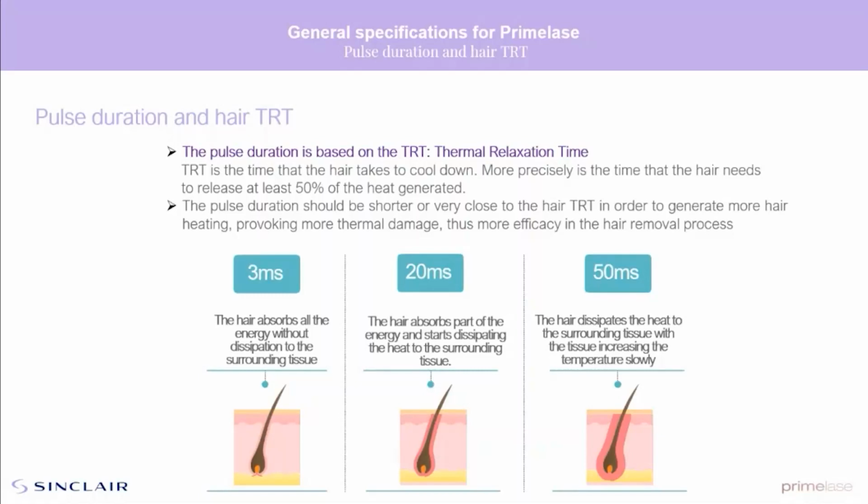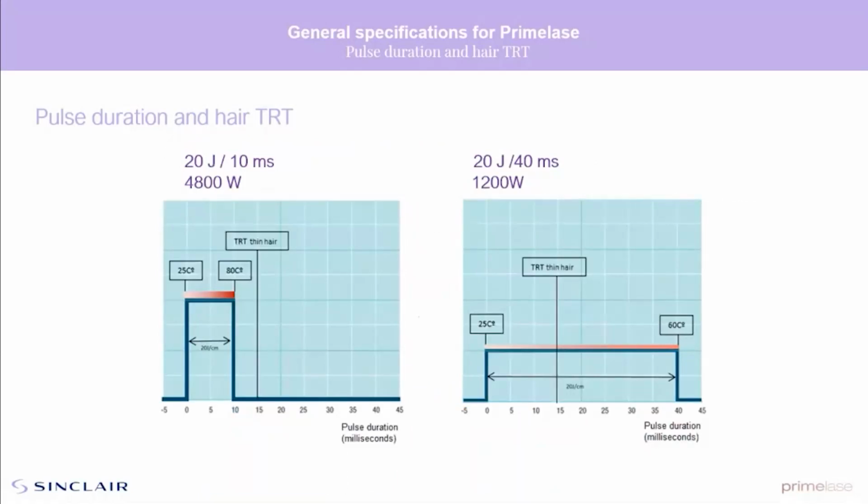And I'm going to explain this by using these graphs so that it's easily seen. The TRT, as we said, is the time that the hair starts cooling down. Let's put an example of a TRT of 15. So in both cases, we are talking about the same time, 15 and 15. What would happen if my pulse duration is really short?